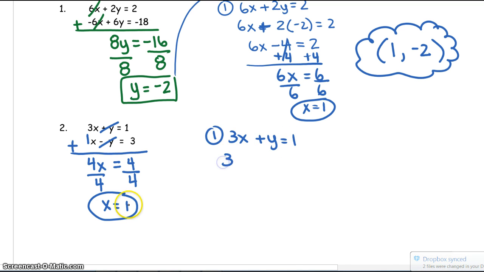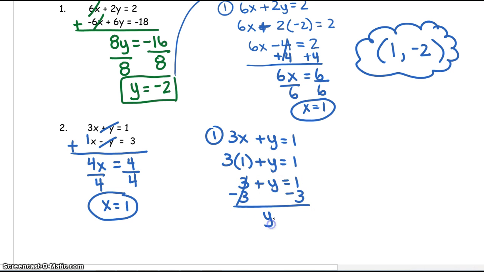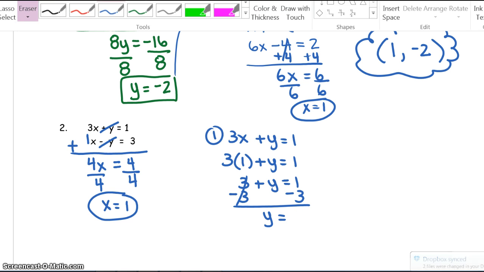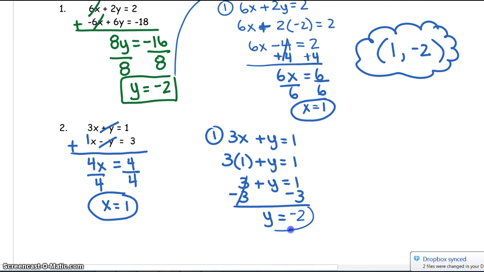And I'm going to input my 1 that I found for x. 3 times 1 is 3, plus y equals 1. Let's subtract that 3 to the other side of the equal sign. We get y equals 1 minus 3, which is, help me out, negative 2, yes, thank you. So negative 2, that's our answer.